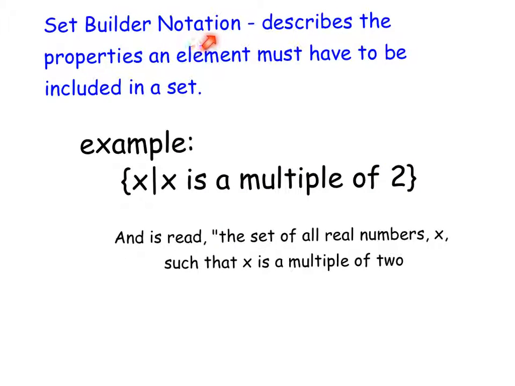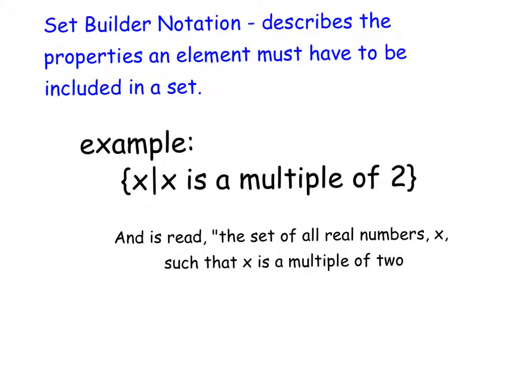Set builder notation describes the properties. So it doesn't list the elements, it gives a description of the properties that the element must have to be included in the set. For example, if we were to talk about that same set, the multiples of 2, it would look like this.